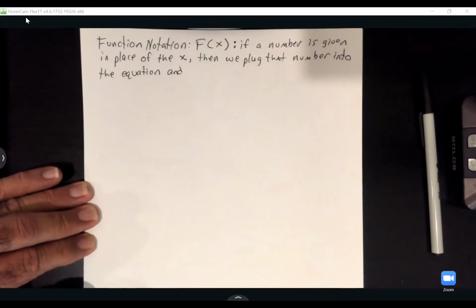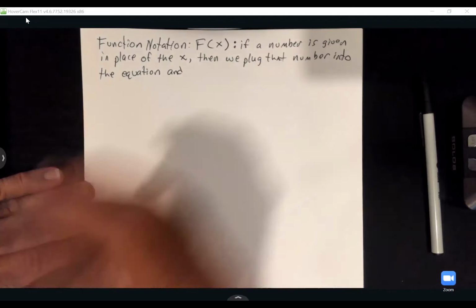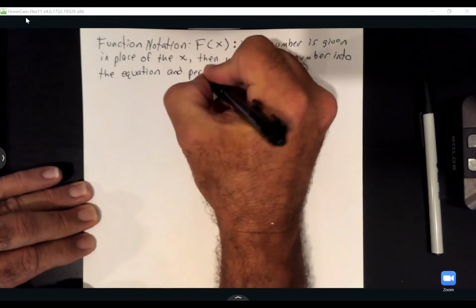And so I'm going to plug these numbers into the equations and then perform order of operations.